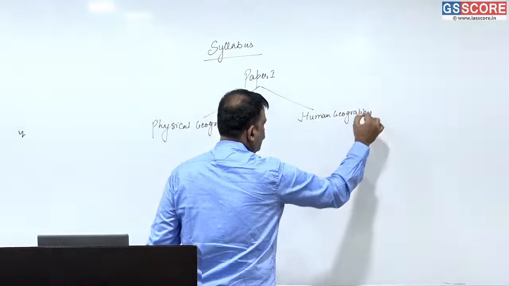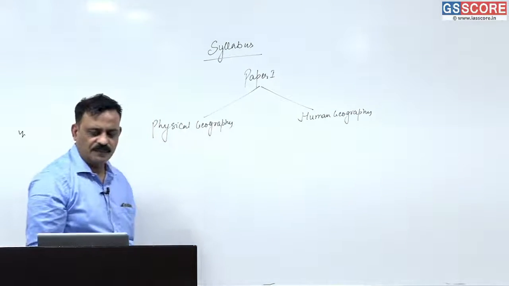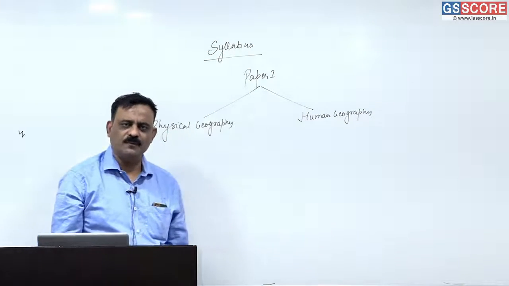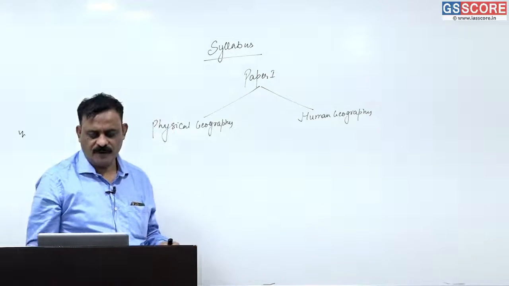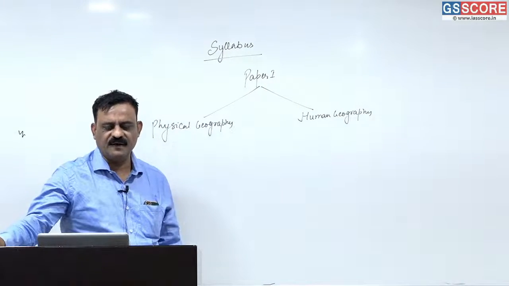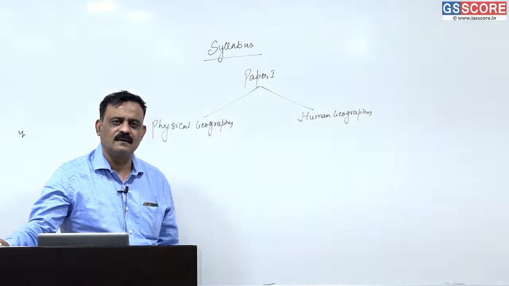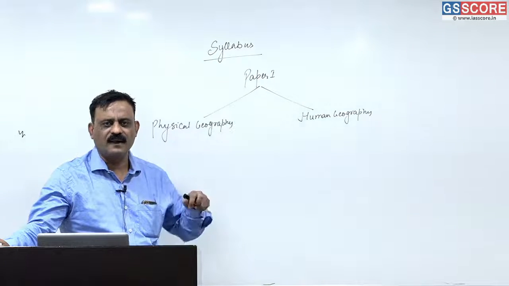I will discuss later which topic is more important, but in my opinion you need to prepare for both physical geography and human geography, because it's very difficult to tell you that do this topic, don't do that topic.